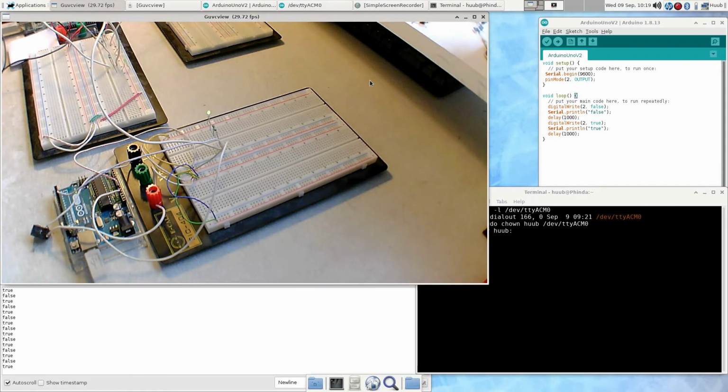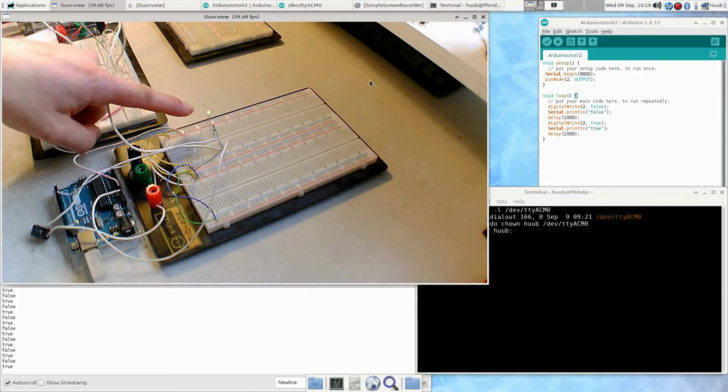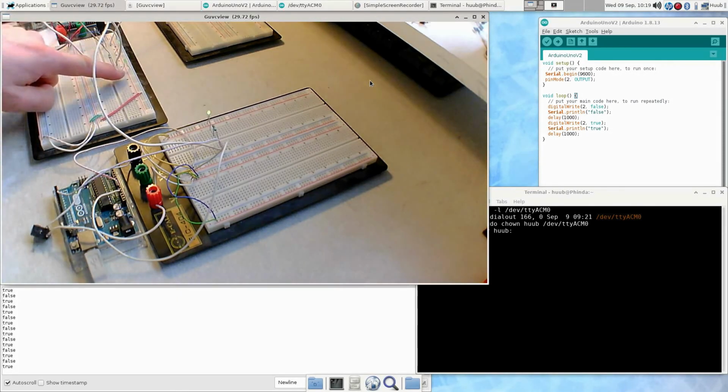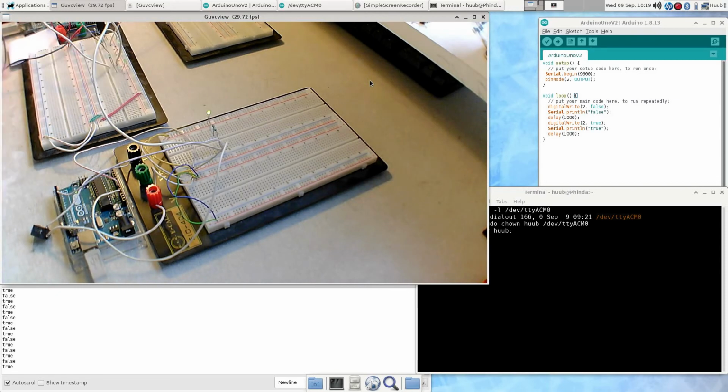Then I have another question. Why is this LED working and is this LED not working? That might be due to a defective LED. So I'm going to replace the LED if I can, if I have an LED left. So let's check about that one.